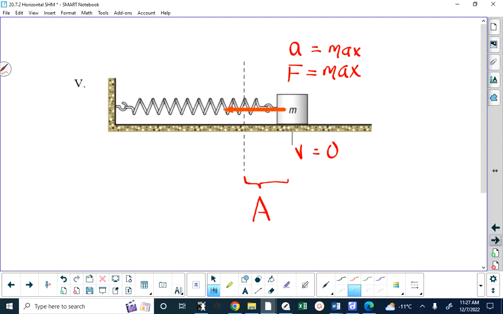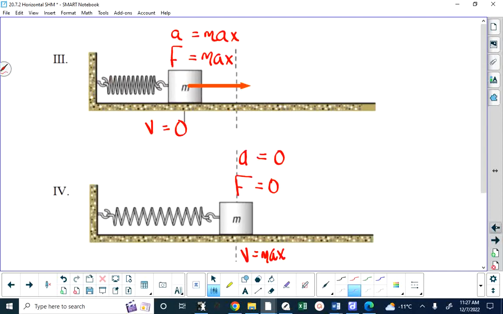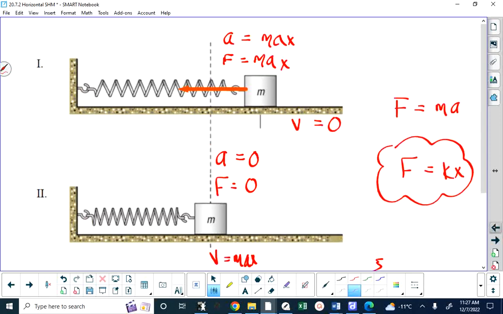The amplitude is the biggest displacement away from the equilibrium position. So it's at the amplitude there. It's also at the amplitude here. And it's also at the amplitude here.